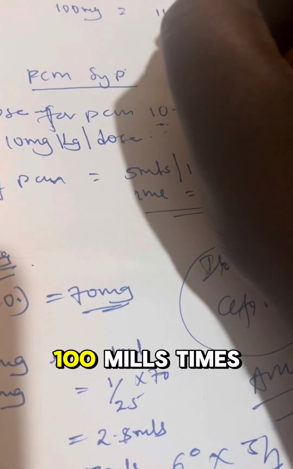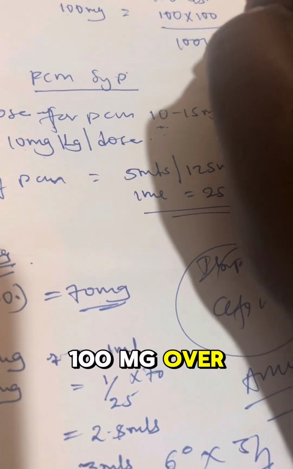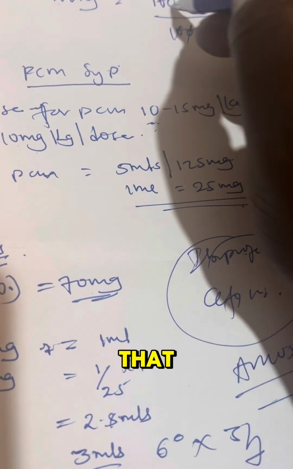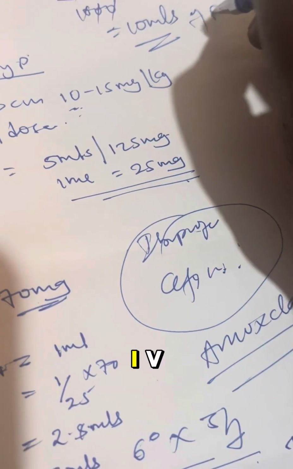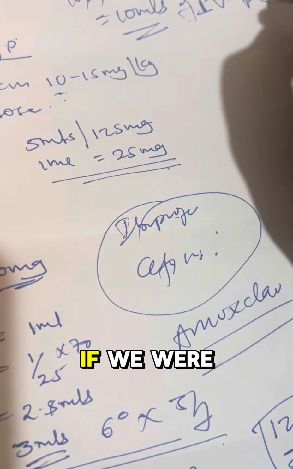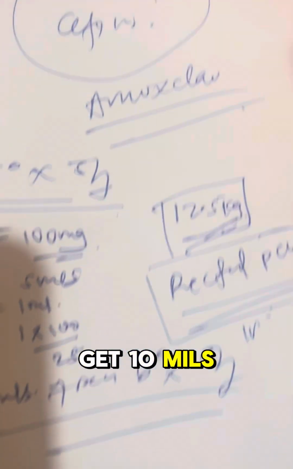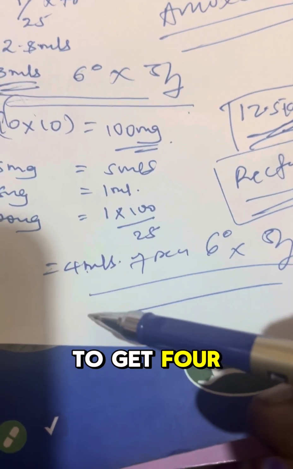That will be 100 mils times 100 milligrams over 1,000. That will go with that, that will go with that. So this kid is supposed to get 10 mils IV PCM. If we were giving IV, it's supposed to get 10 mils. If we were giving oral, it's supposed to get 4 mils.